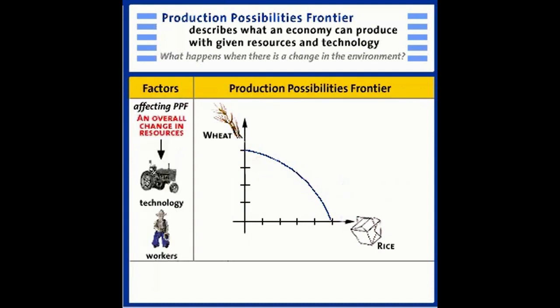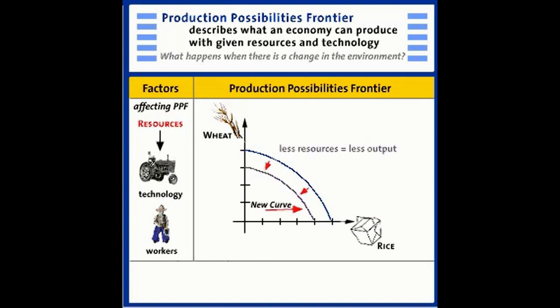It could produce less of everything. So that producing 20 bushels of rice might leave you only enough resources to make, say, 55 bushels of wheat instead of the previous 78. So it's possible sometimes that the production possibilities curve would actually shift inwards, representing a reduction in the economy's productivity.